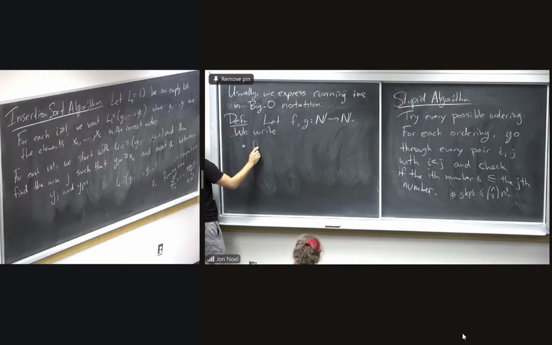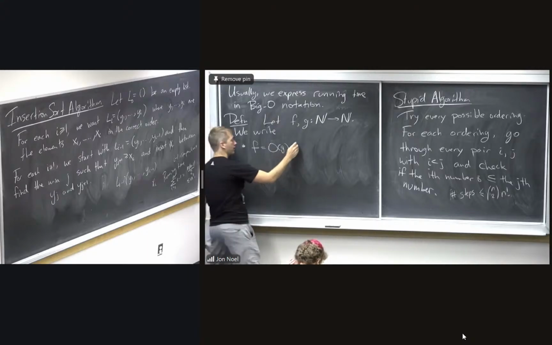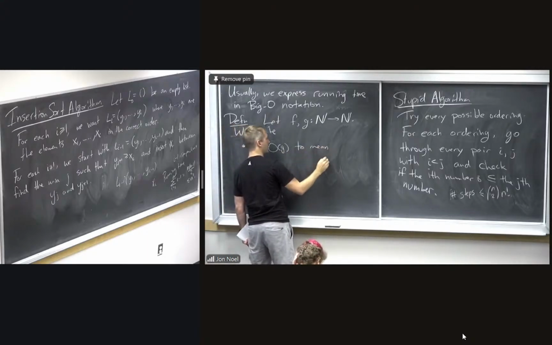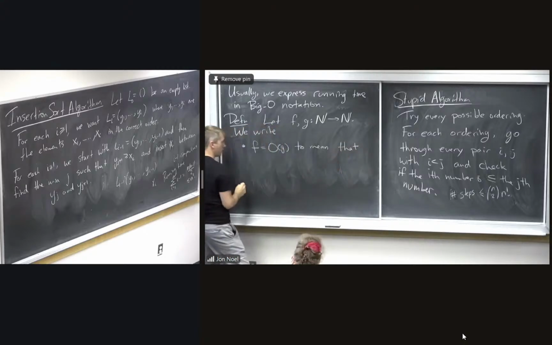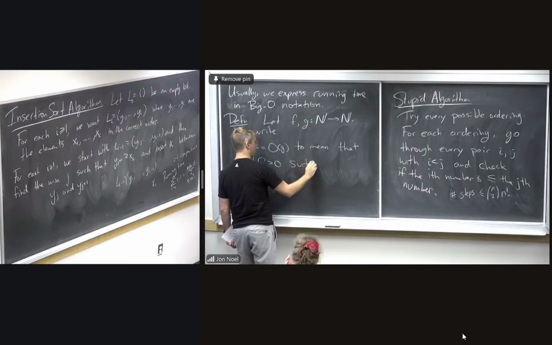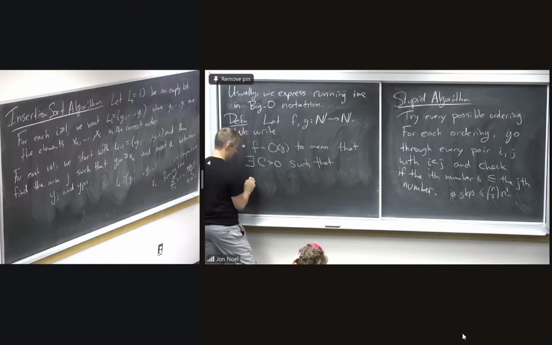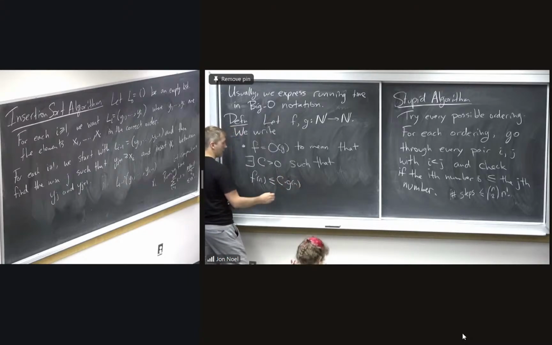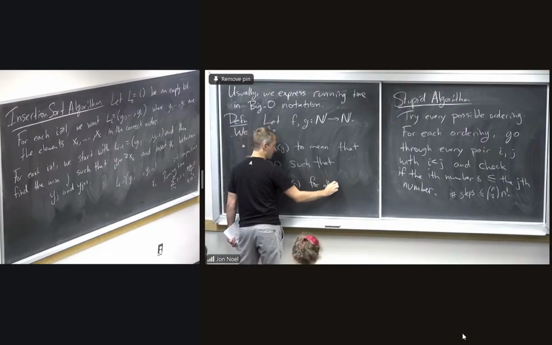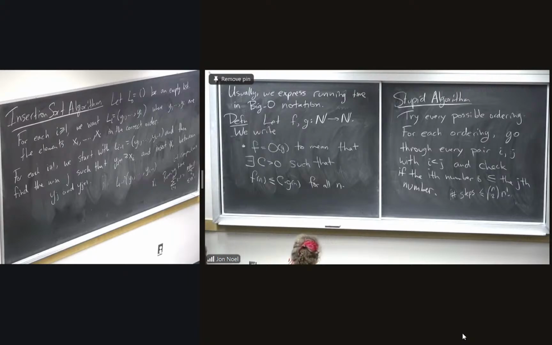So we write f equals big O of g to mean that there exists a positive constant c such that f of n is at most c times g of n for all n, right?